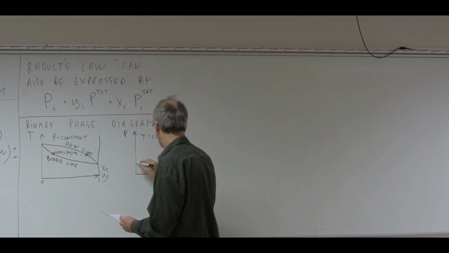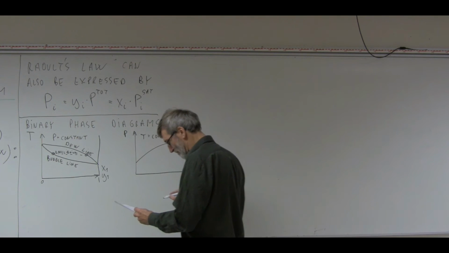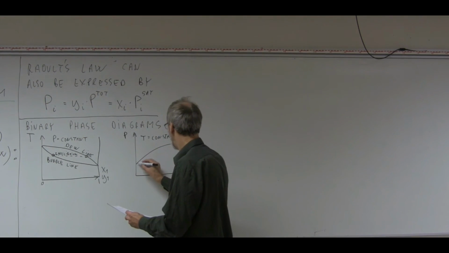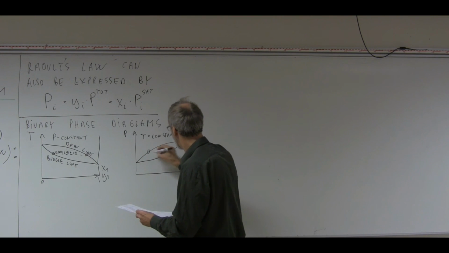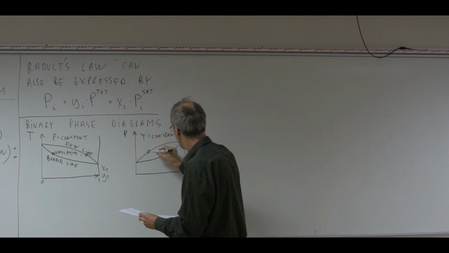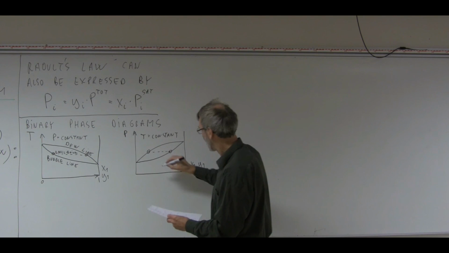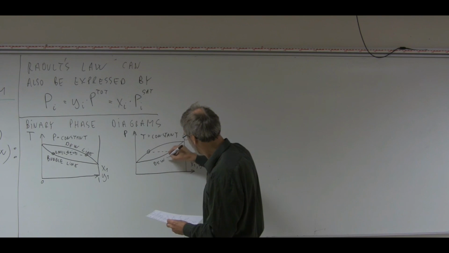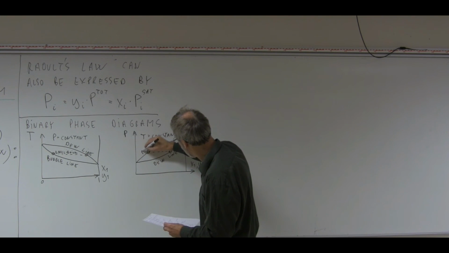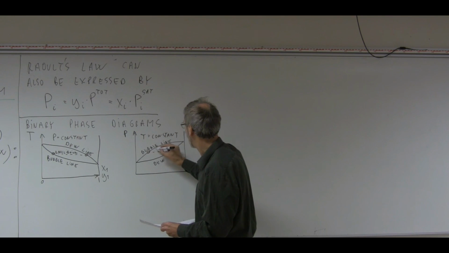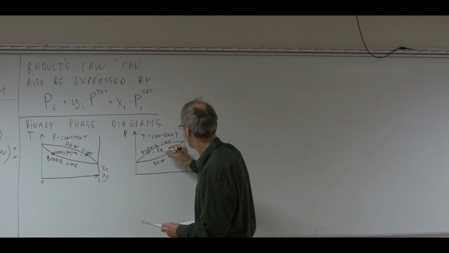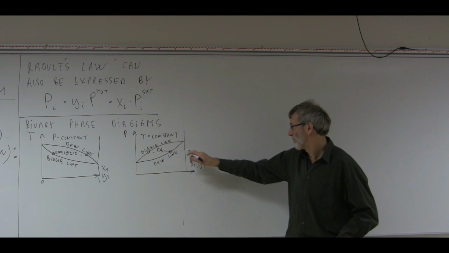In that case, we have the bubble line and the dew line, and here we have two points in equilibrium.